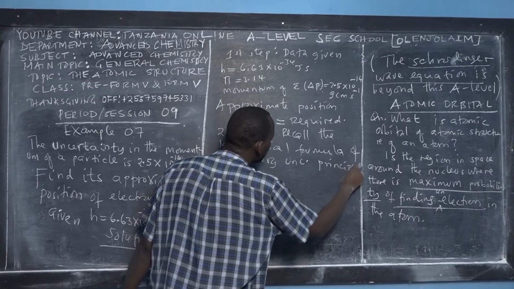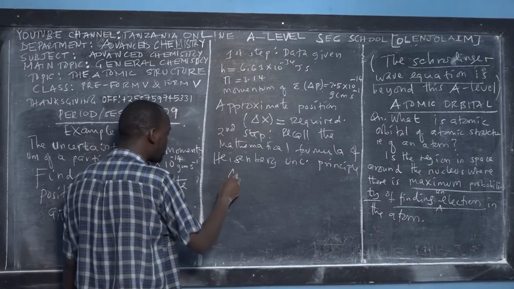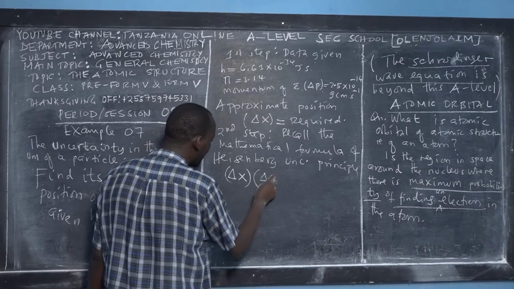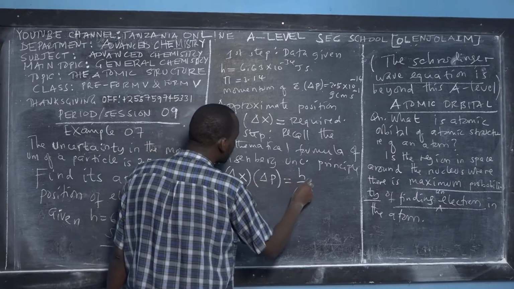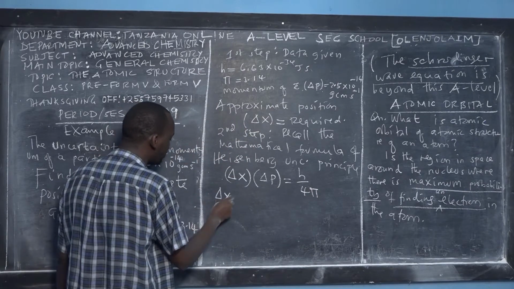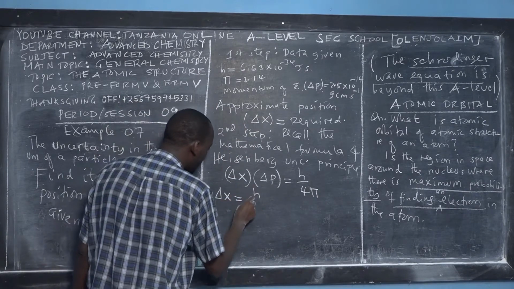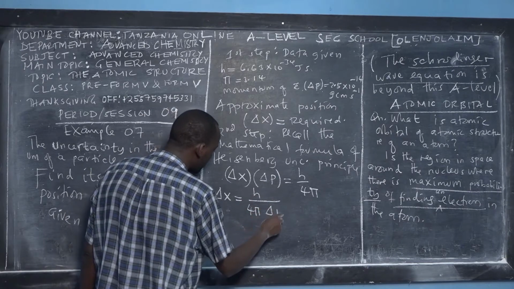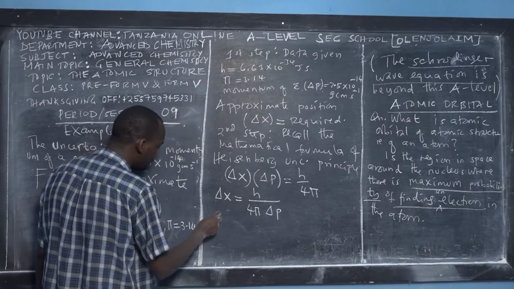How does that formula state? It states that the product of the change in position and the change in momentum is equal to Planck's constant over 4 pi. The question asks us to determine the change in position, so we make delta x the subject: Planck's constant over 4 pi times delta momentum.